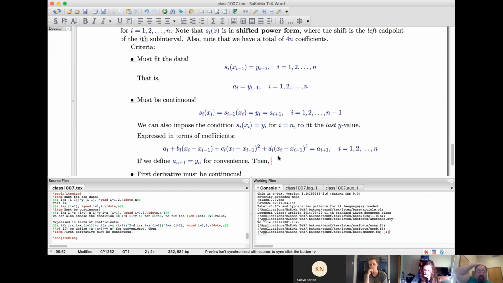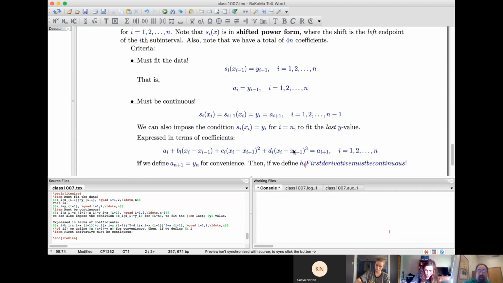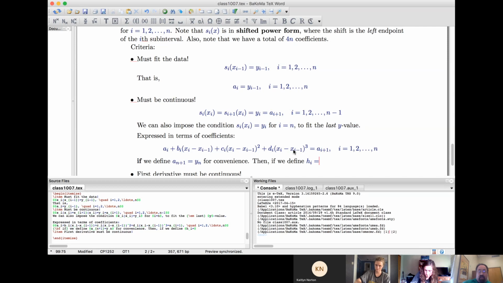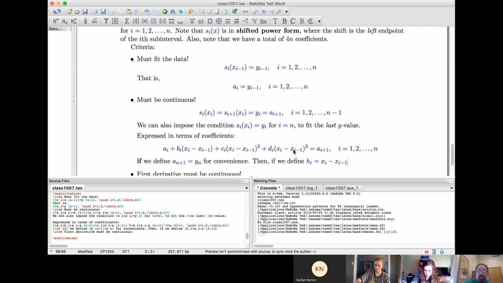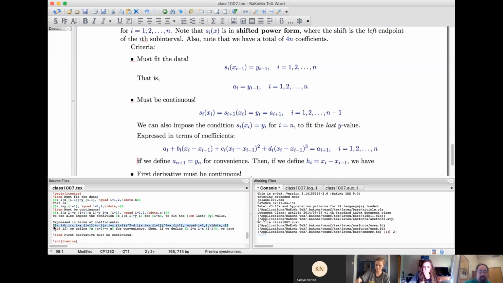And while on the subject of notational convenience, here's another. Here I have the spacing between two consecutive points, so I'll define a variable for that. I'll call it hi, which is xi minus xi minus 1. Then I can restate this more concisely.